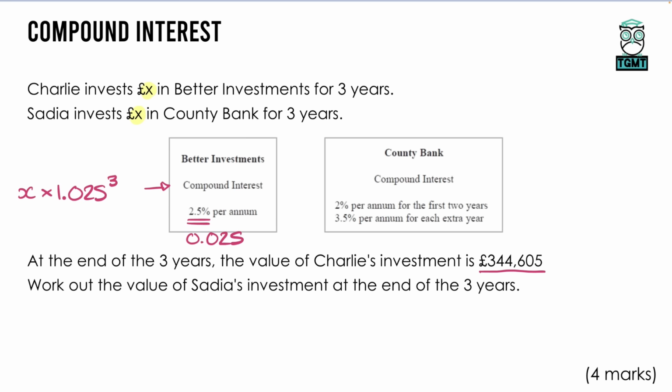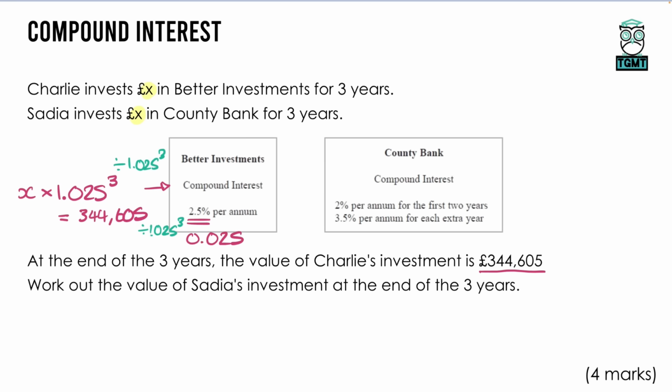And as a result, we got the answer 344,605. So to figure out what that starting amount was, we just need to divide both sides by 1.025 cubed, and we'll divide this answer here by 1.025 cubed. There we go, that's going to tell us his starting amount.